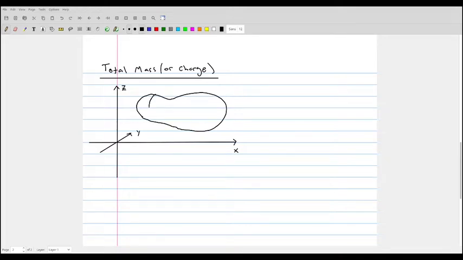It could be some sort of piece of an electromagnetic device that you're building, like a circuit board or some other piece that you're interested in the electromagnetic properties of, like the charge of a capacitor on a circuit board maybe, or some other device. We'll call this region omega.